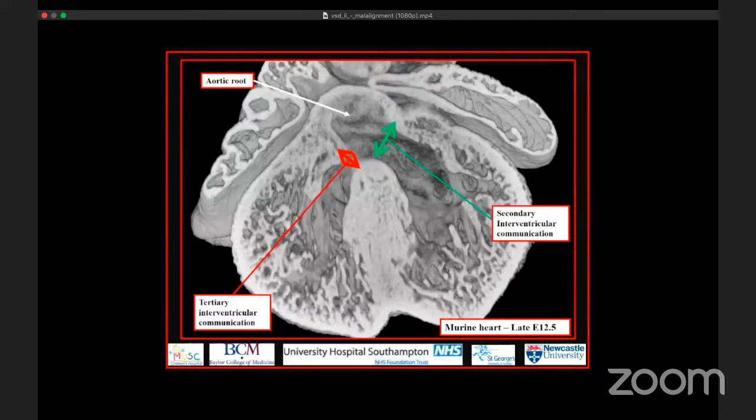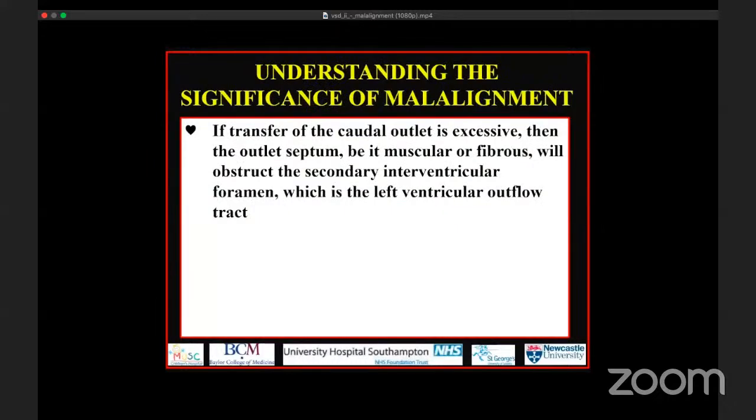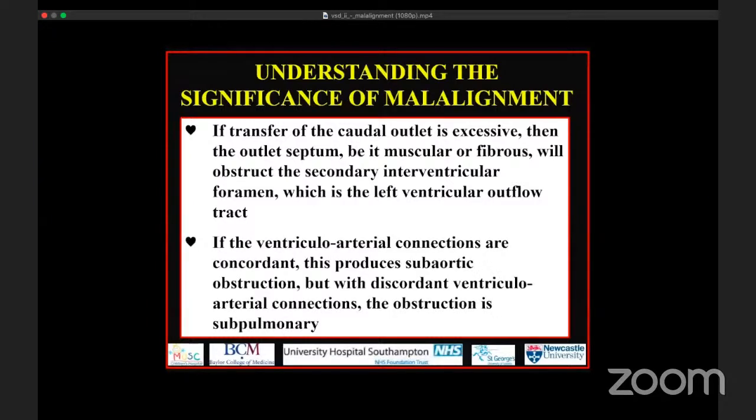But we're going to finish the session today on malalignment to show you the other aspect of malalignment of the outlet septum. Because if the transfer of that caudal outlet is excessive, then whether the outlet septum is muscular or fibrous, it will be carried excessively into the left ventricle. And then it will obstruct the secondary interventricular foramen. As I've just shown you, that secondary interventricular foramen is the left ventricular outflow tract.